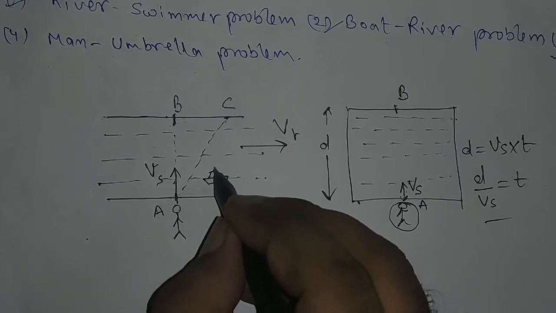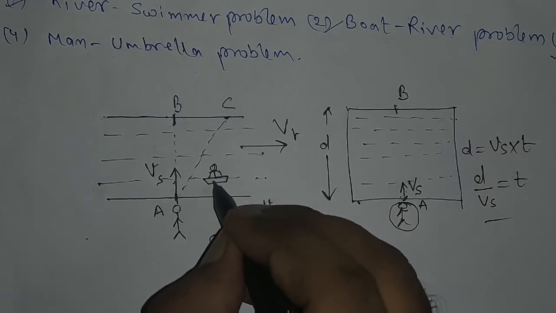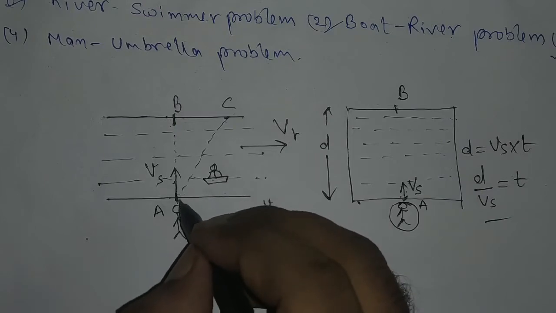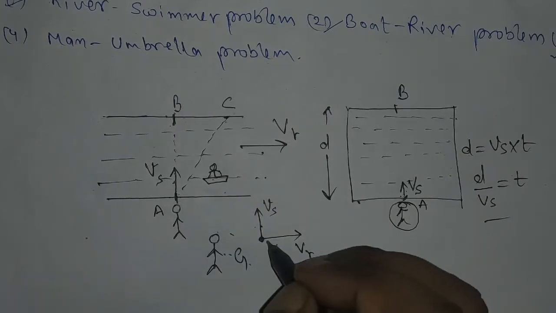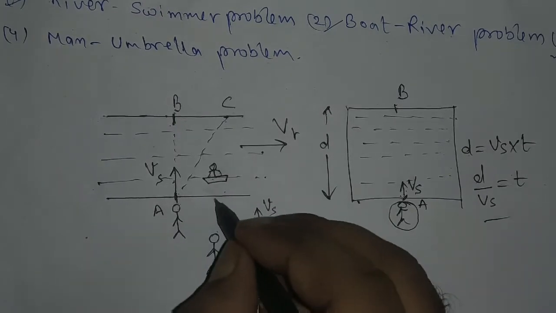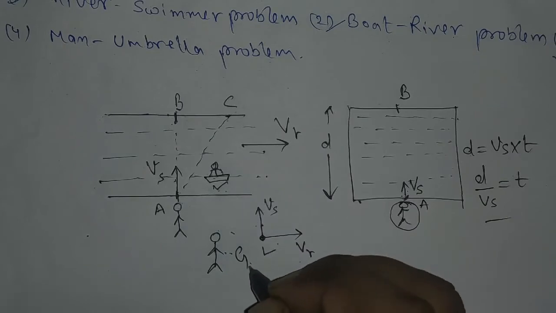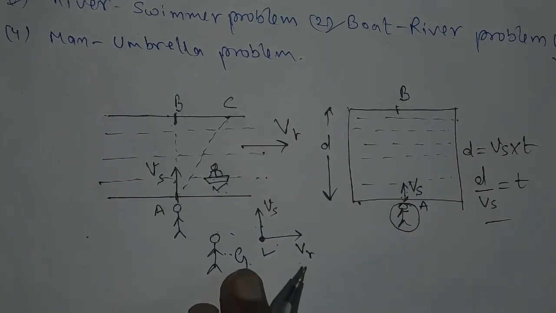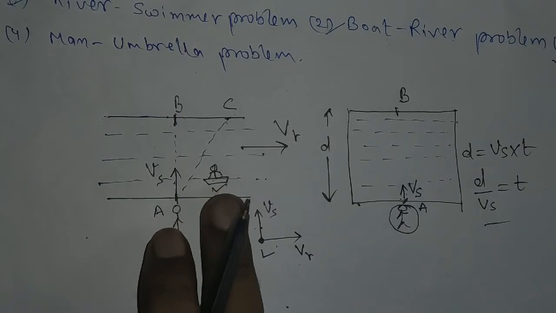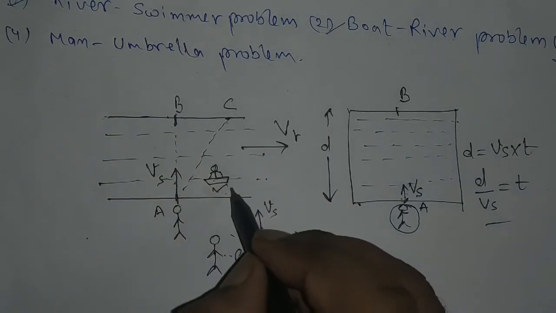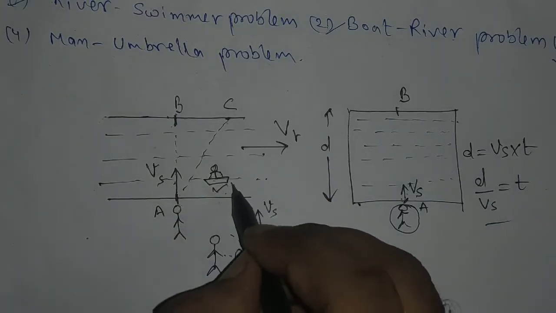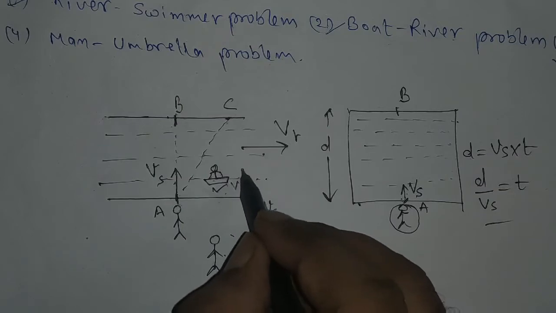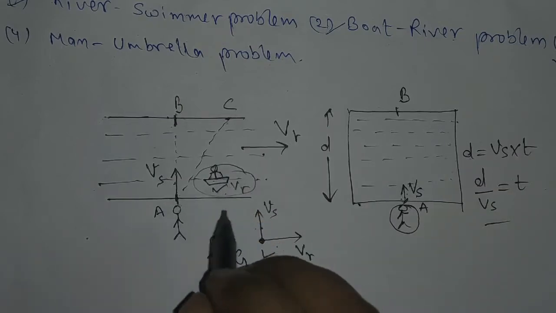This man is sitting in the boat and is also watching him. Then what will he observe? These are the two frames of reference, the ground frame of reference and the river frame of reference for this person, because he is flowing with the velocity of the river. This boat is flowing with the velocity of the river.